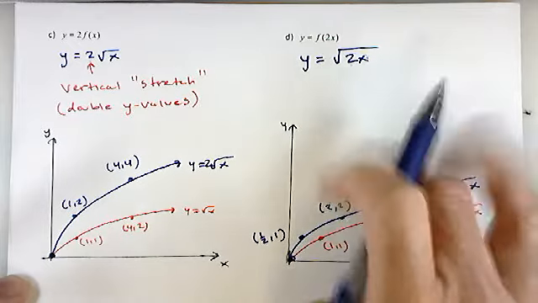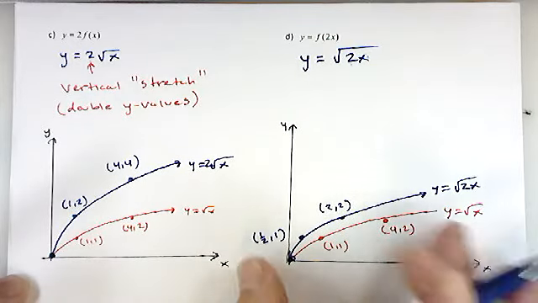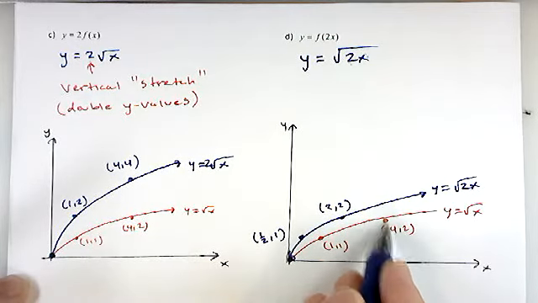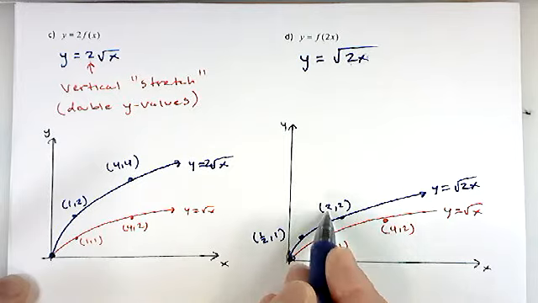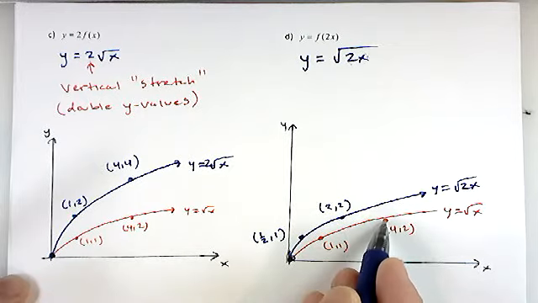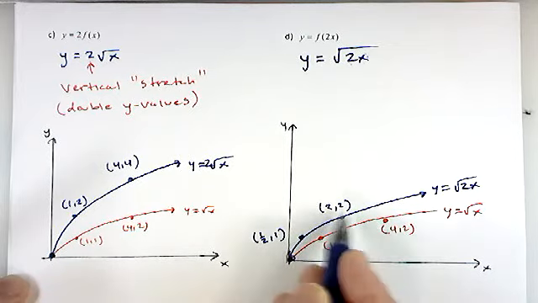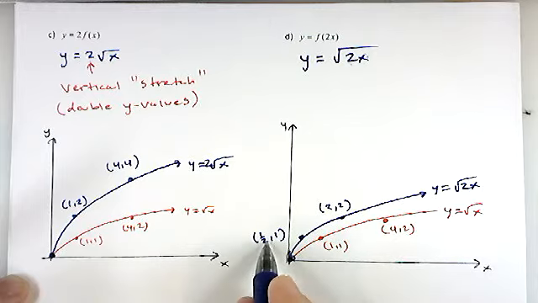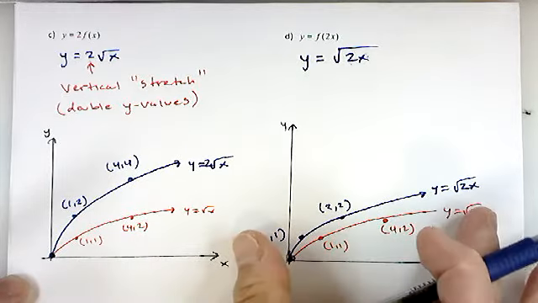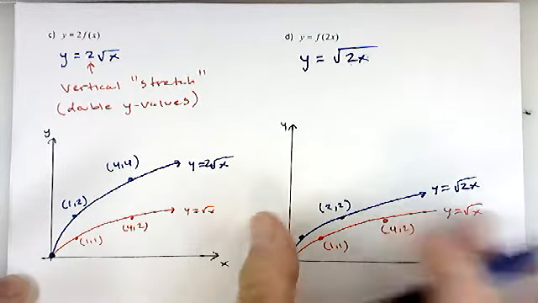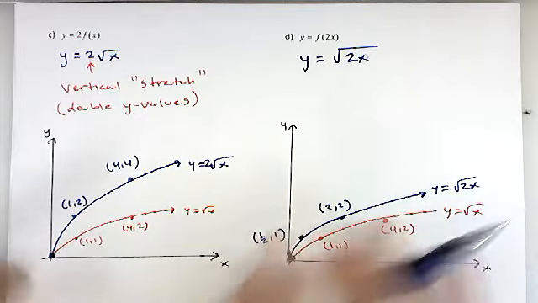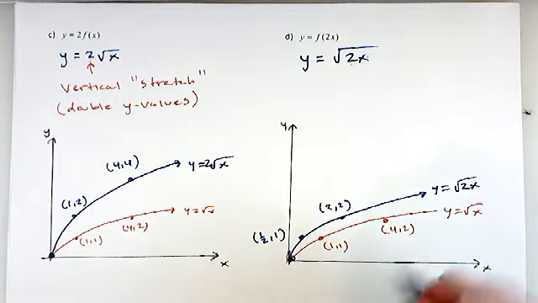It looks like it's vertically higher than that, but what's really happening is all my x values on this graph are getting halved, right? Instead of 4, 2, it's 2, 2. Instead of 1, 1, it's 1/2, 1. And we call that a horizontal compression. The graph is being compressed. The x values are being compressed horizontally.